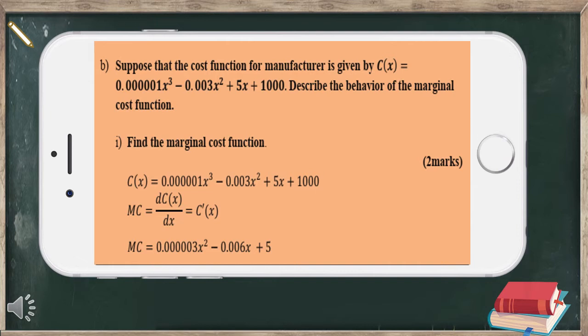The final equation for the marginal cost function is 0.0003 x squared minus 0.006 x plus 5.